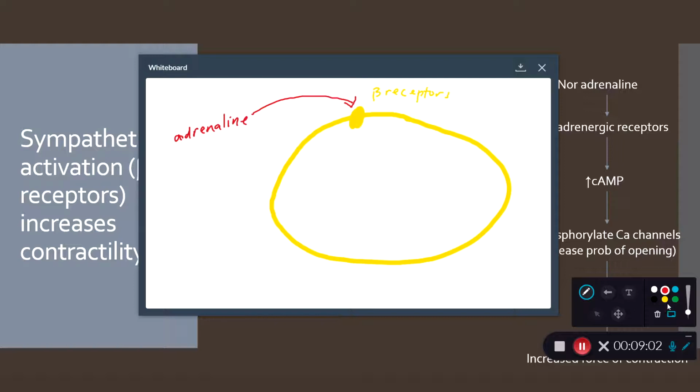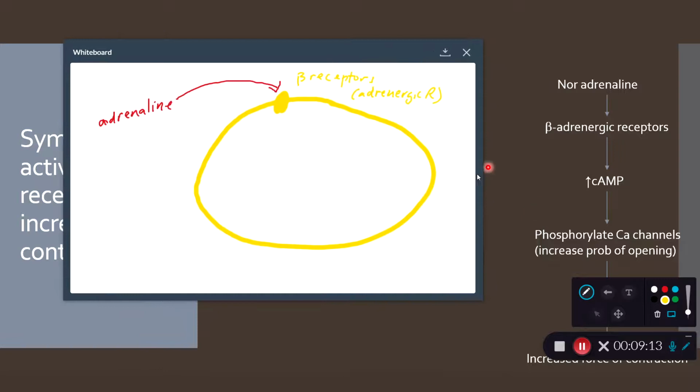Beta is a type of adrenergic receptor. That's what we're seeing here. When it binds to the beta receptors, we get a release of cyclic AMP.